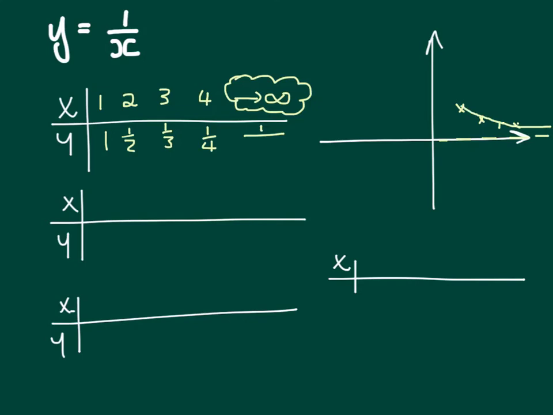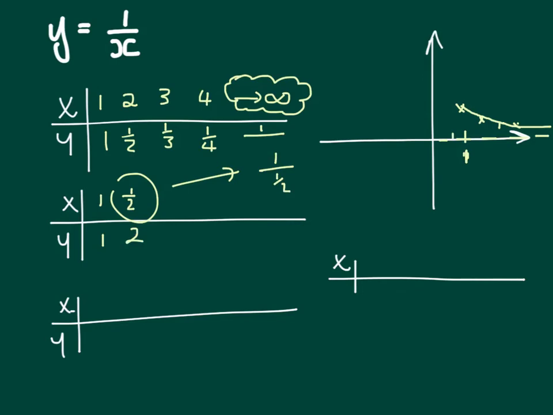Okay, now I'm interested in what happens after 1 but before 0. So at 1 we know that we've got y value of 1. What happens when we've got a half? So halfway between 1 on our graph and the origin, we are going to have 1 over 1/2, which is the same as 2.